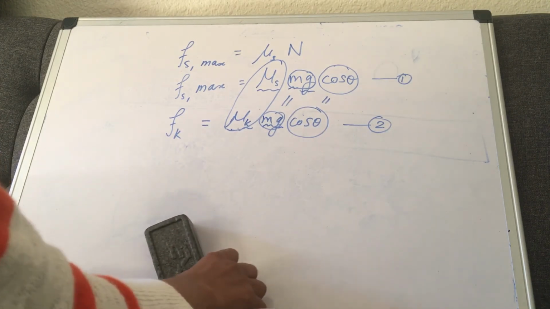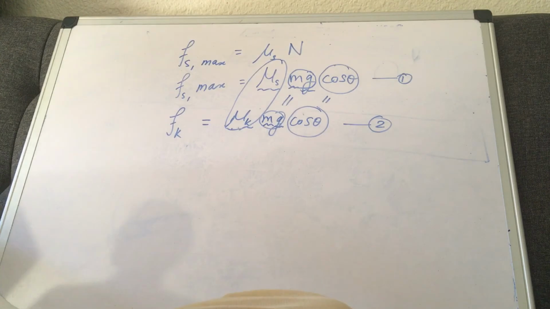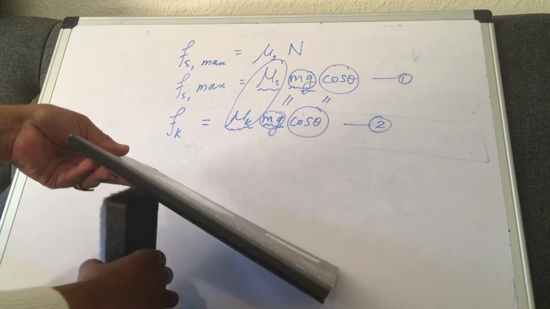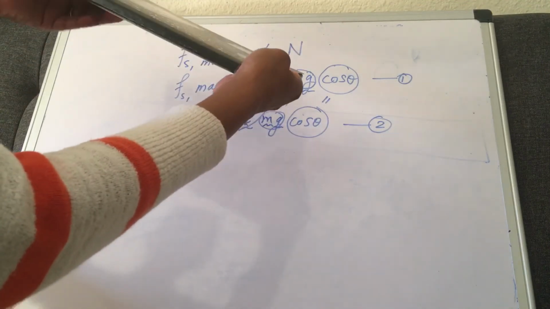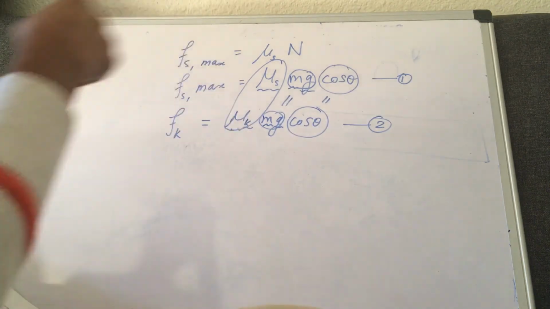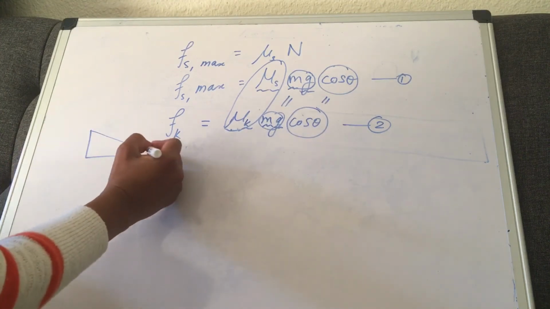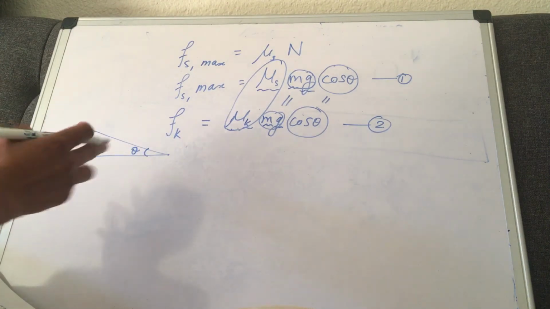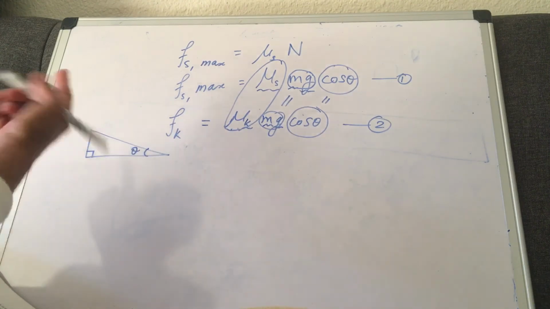Let's say I have my notebook here, then I would put it like this on the surface, and maybe put something here on the side. Then it is going to look like a ramp. And then you have theta here, and you should see this as 90 degrees. You should be able to calculate what theta is, right? That's why you need a ruler, because you have to measure the sides here.